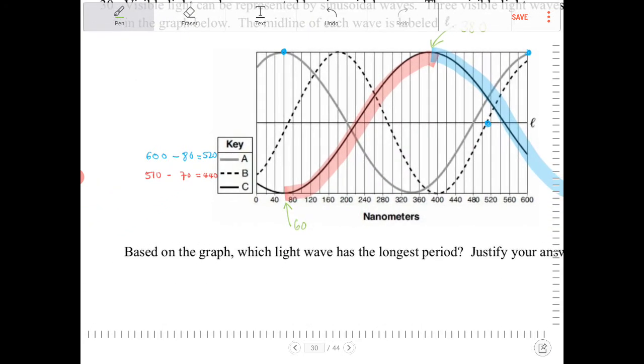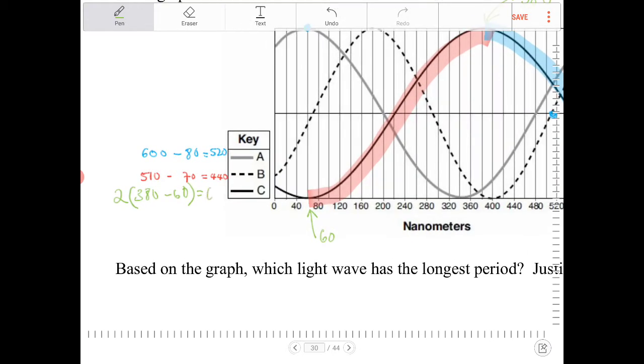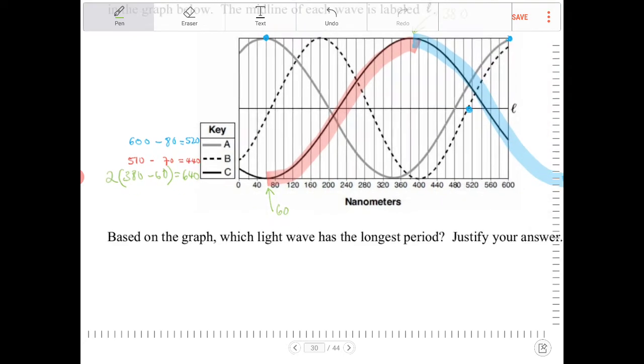Now, if I take 380 minus 60, right, I will get half of a wavelength. So to get the full wavelength, I'm going to need to double this by 2. So the full wavelength, what is that? 380 minus 60, that's 320. And if I double that, I'm going to get 640.